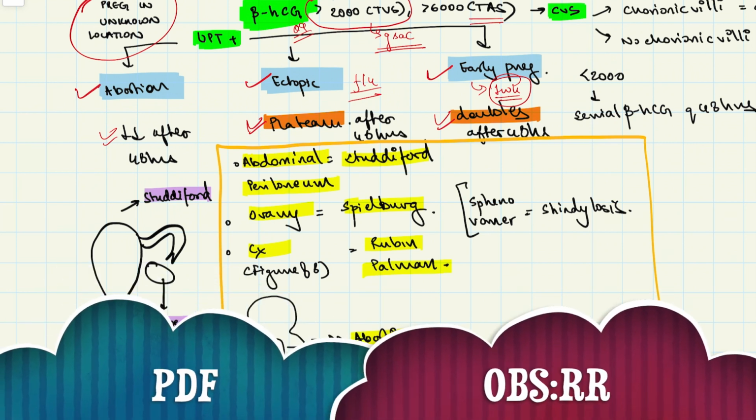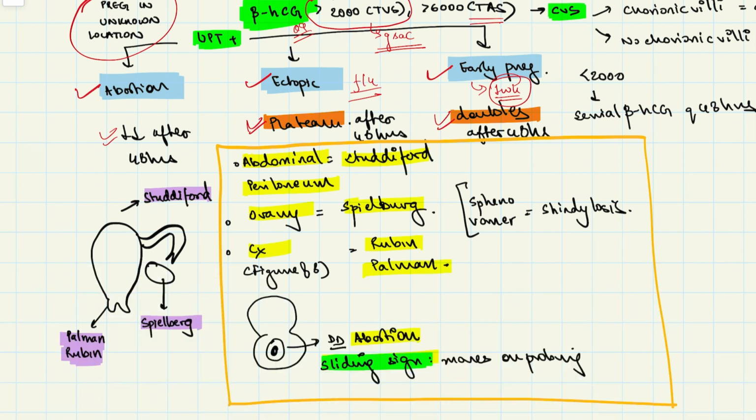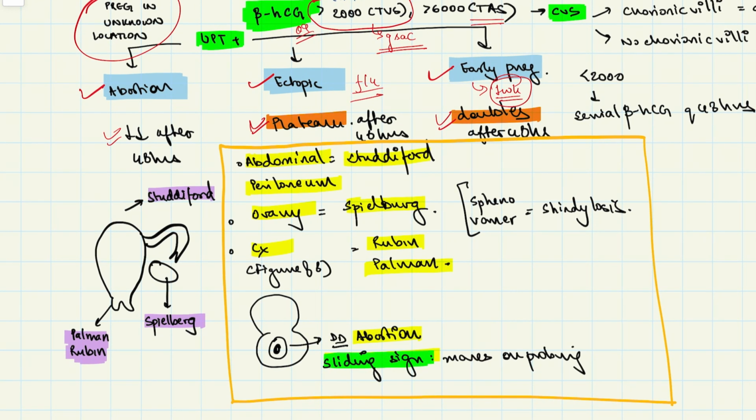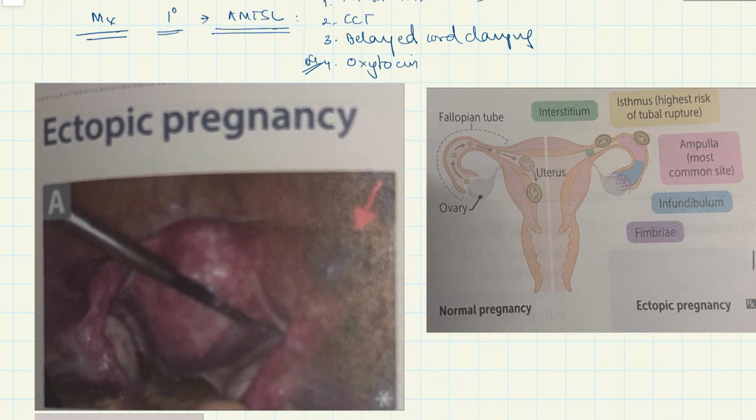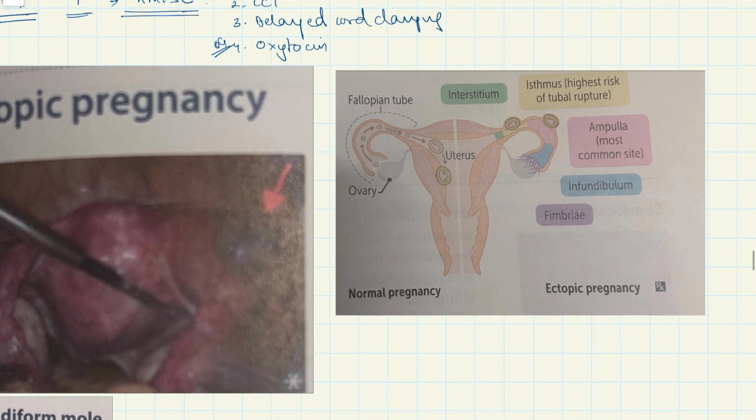Here we will quickly go through ectopic pregnancy, which is a cause of early trimester bleed, and molar pregnancy, which is another cause of early trimester bleed. So let us start discussing ectopic pregnancy. The most common site for ectopic pregnancy is the ampulla of the fallopian tube.